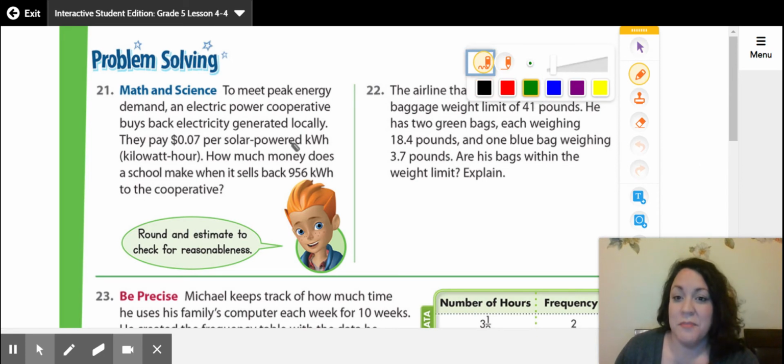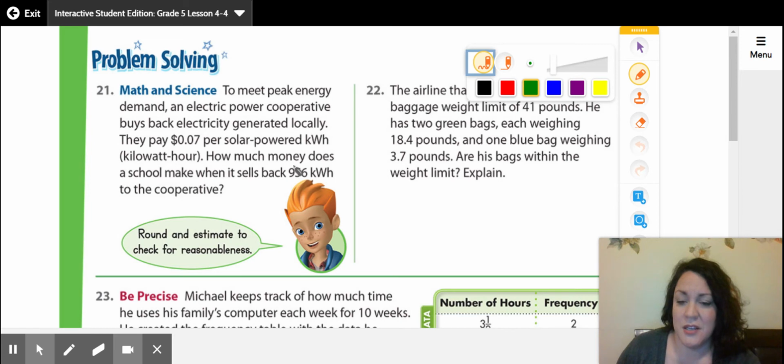To meet peak energy demand, an electric power cooperative buys back electricity generated locally. They pay 7 cents, or 7/100ths of a dollar, per solar powered kilowatt hour.